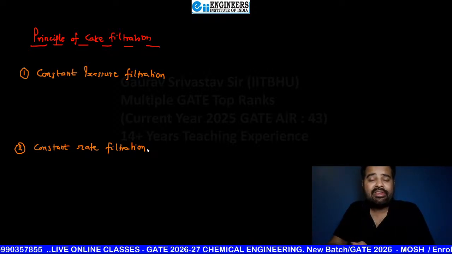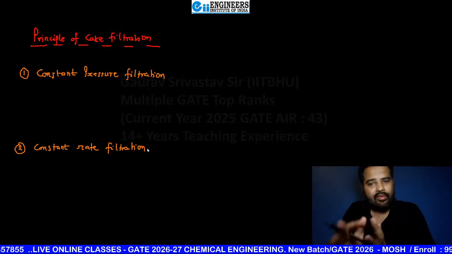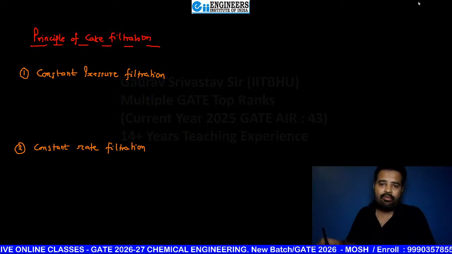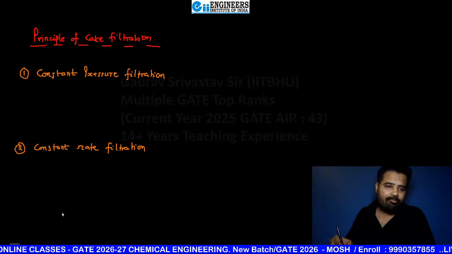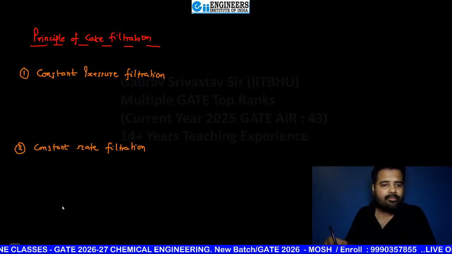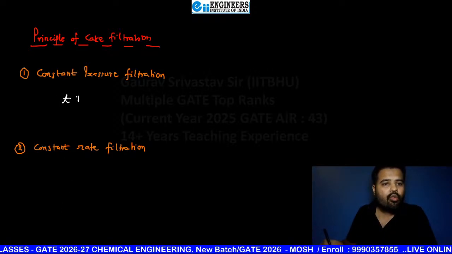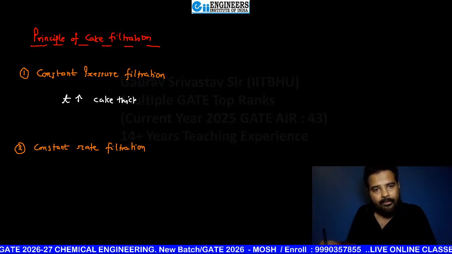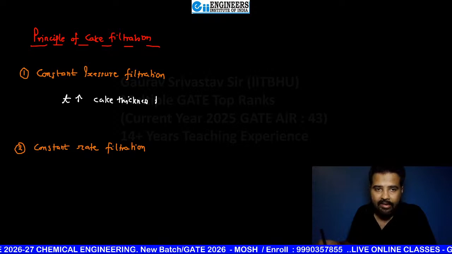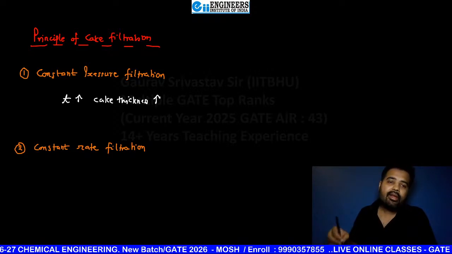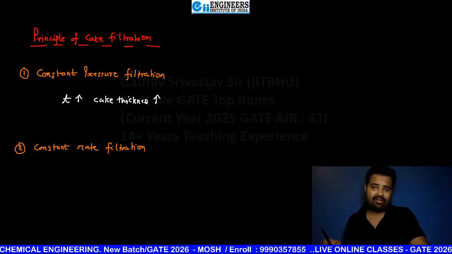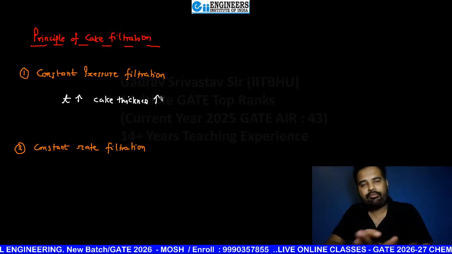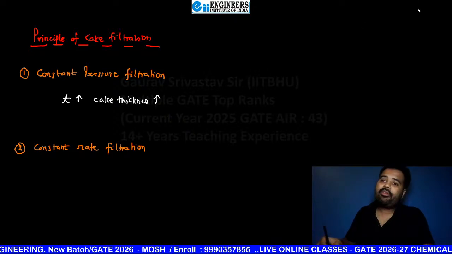Definitely, if you increase the pressure on the upstream side, the rate of filtrate will increase. So tell me one thing: with respect to time, what will happen to the cake thickness? Definitely it increases. And if with time the cake thickness increases and delta P is not changed, the driving force remains constant. What will happen to the rate of filtration there?